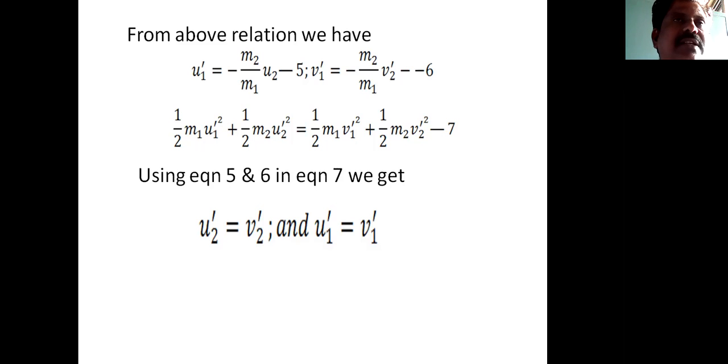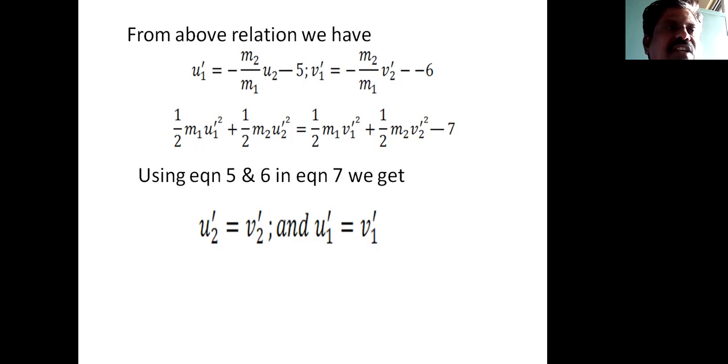There is only a change in direction. U2 dash equals V2 dash and U1 dash equals V1 dash. That indicates the magnitude of the velocity of those two particles does not change; there is only a change in the direction.